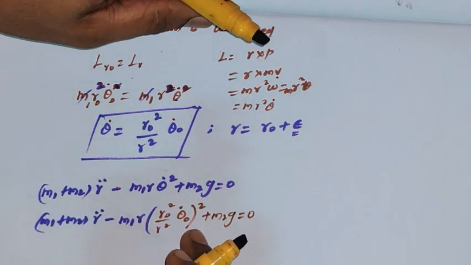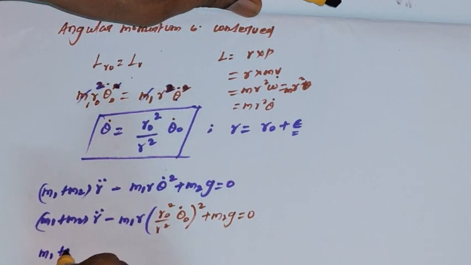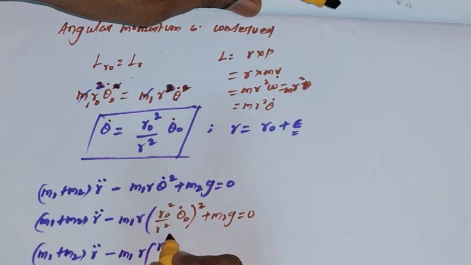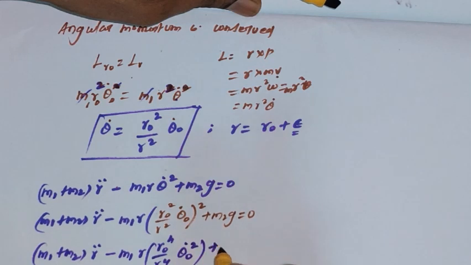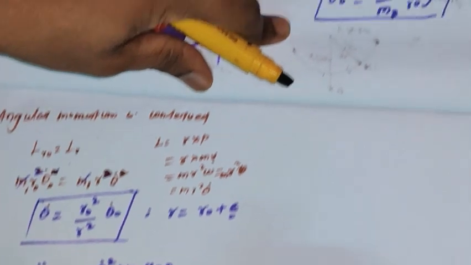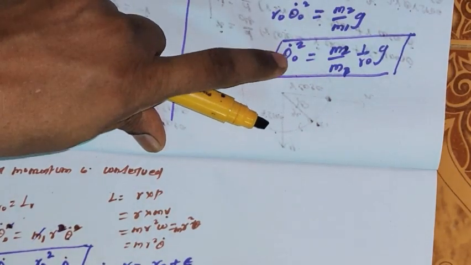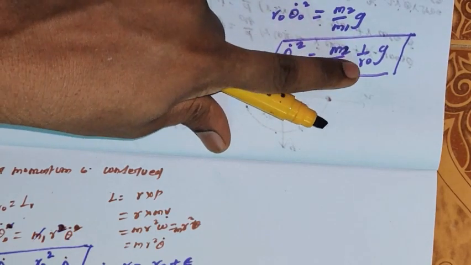We already derived theta dot also. First we can rewrite this: (m1 plus m2) r double dot minus m1 r, here we have r naught power 4 over r power 4 if you are taking the square, times theta naught dot square, plus m2 g equal to 0. We already derived that for the perfect circular motion theta naught square is m2 by m1 times 1 by r naught times g.